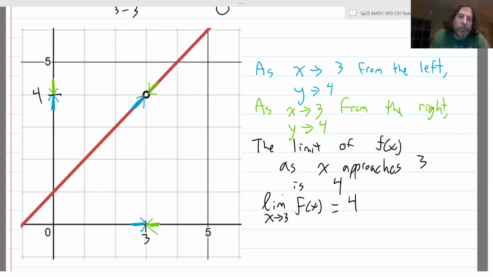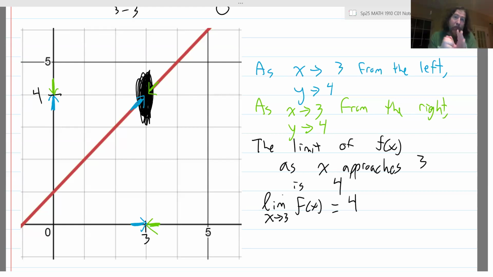Another thing that you can do with this graph is you can say, let's just pretend that we black this out, and we didn't know that there was a hole there. And we just said, okay, well, ignoring what actually does or does not happen at x equals 3, what does it look like should be happening when x is 3?